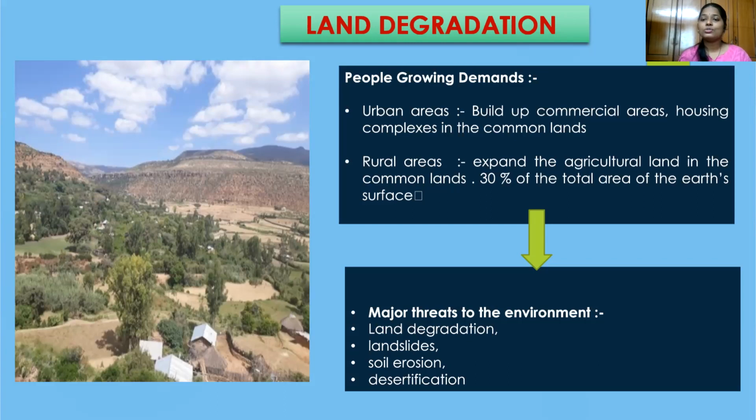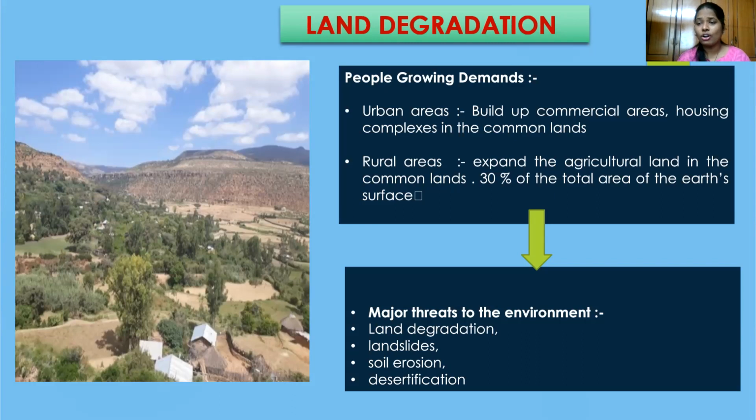Okay. And also in the rural area, with the population increase, demand also increases, and the agricultural land has to raise production of crops, the output. But the land is limited to only 30%. Of this we have to fulfill the growing population's demand. Because of this, we have a threat to the land.